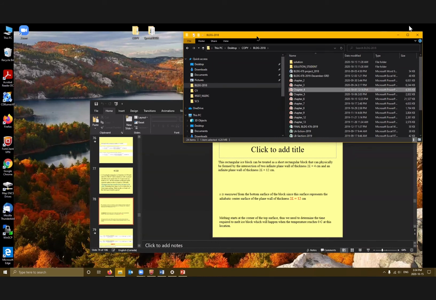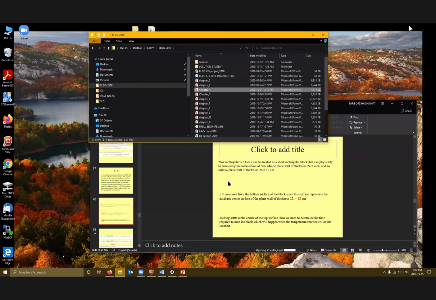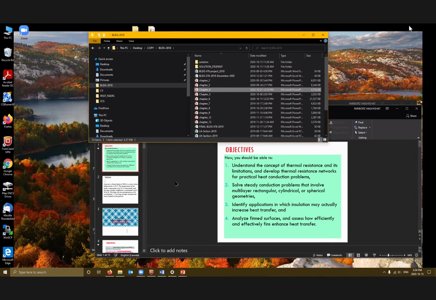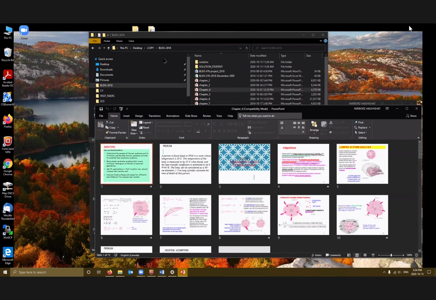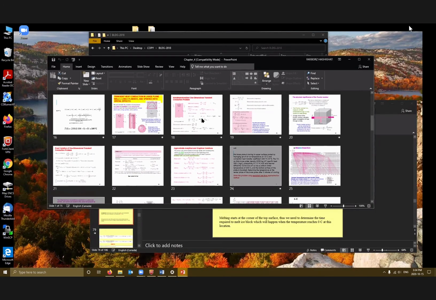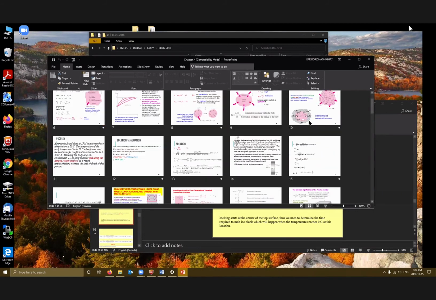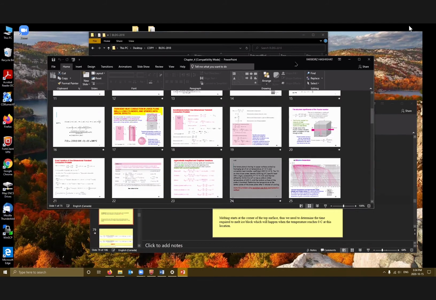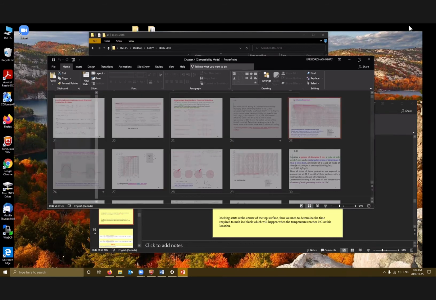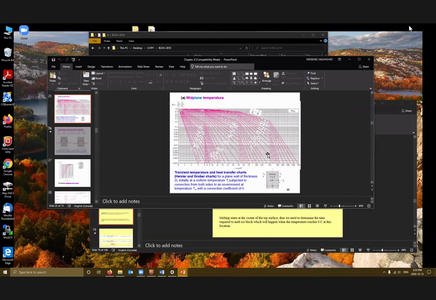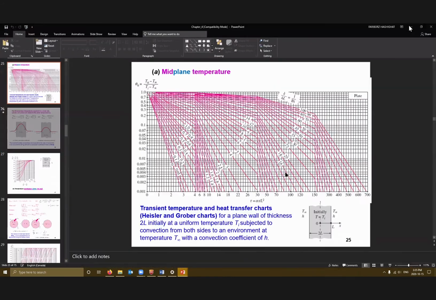Chapter 4. Remember in this chapter, we solved this for the scenario that we have a long plate.